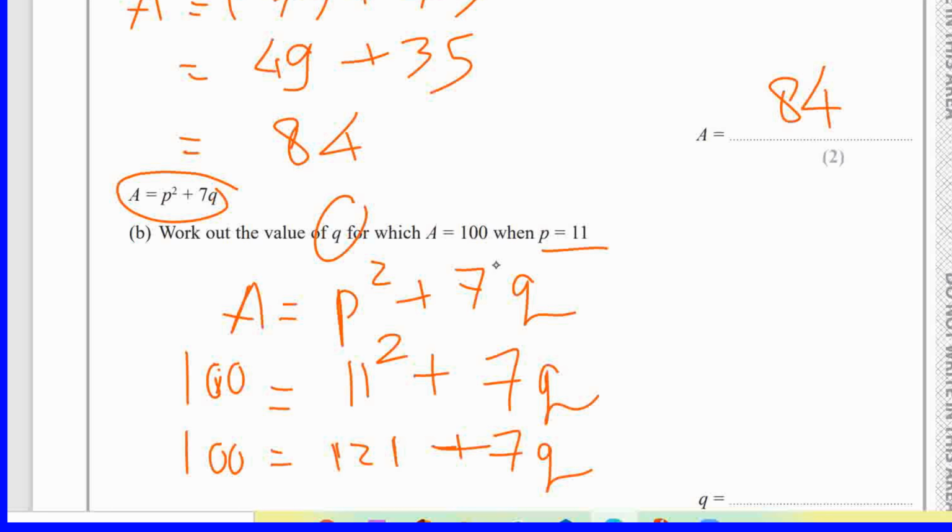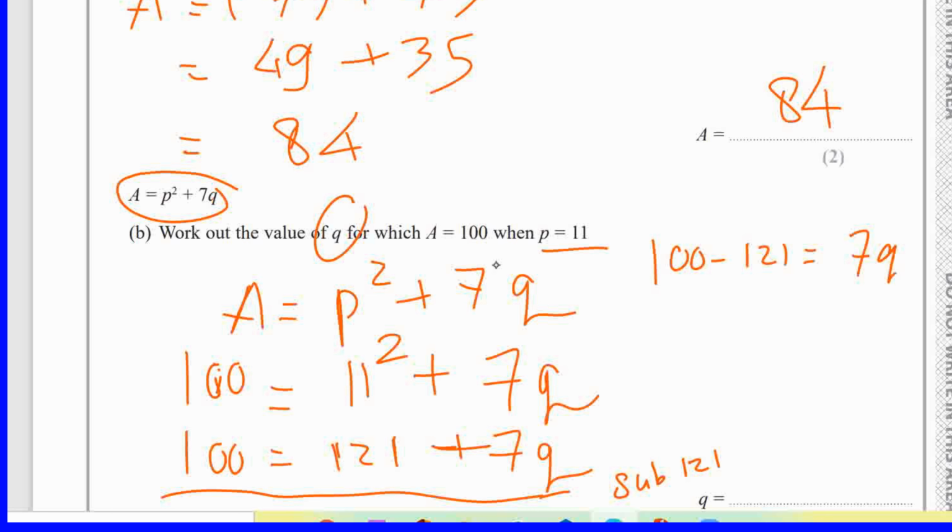Then subtract 121 from both sides. So we get 100 minus 121 equals 7q. Then we get minus 21 equals 7q. q equals minus 3. So minus 3.